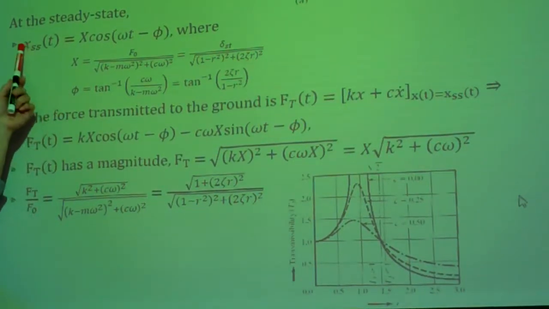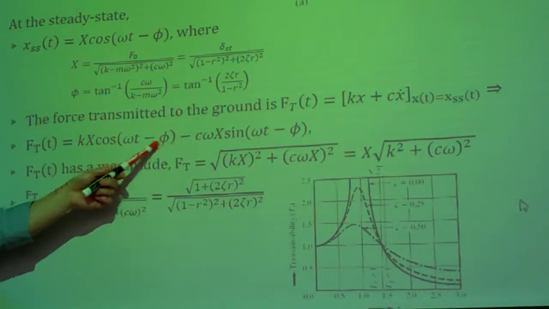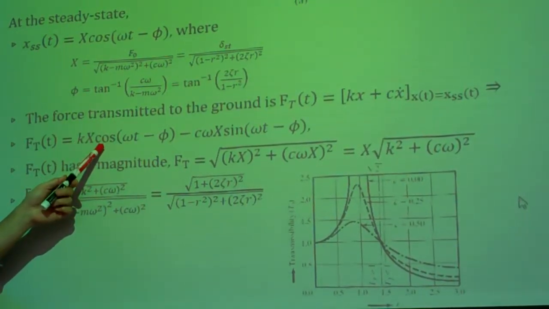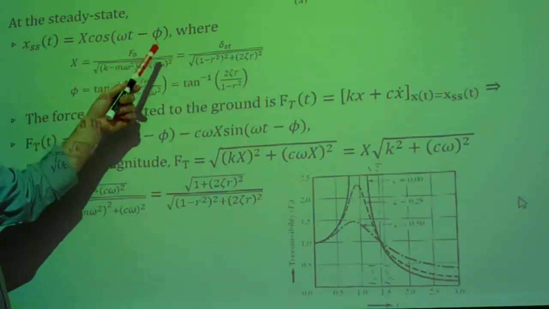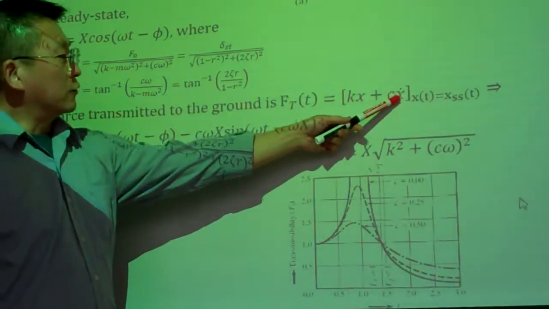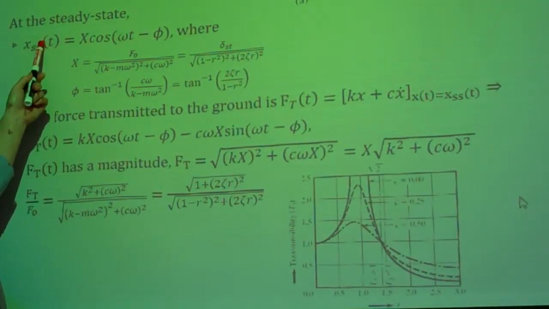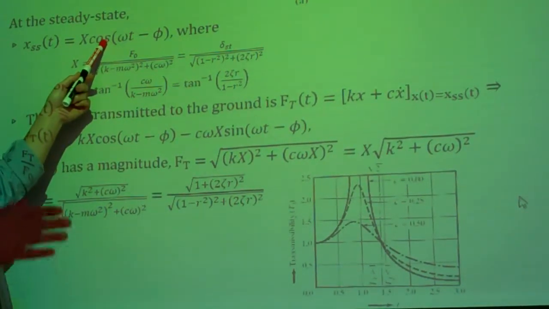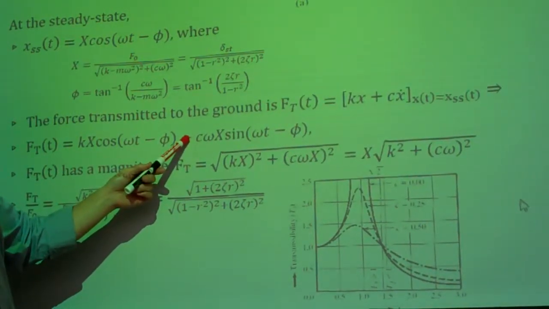Again, here we assume the steady state response is like this. So simply, the first term represents kx, okay? Then the second term represents c x dot. When you look at this carefully, x dot, by operating on this form, cosine after derivative becomes a negative sine. That is the reason why you come up with a negative here.